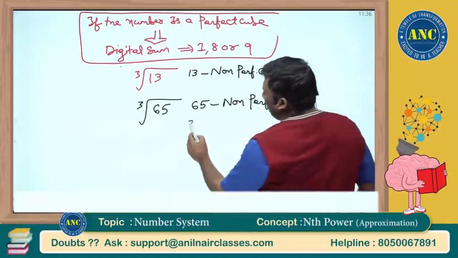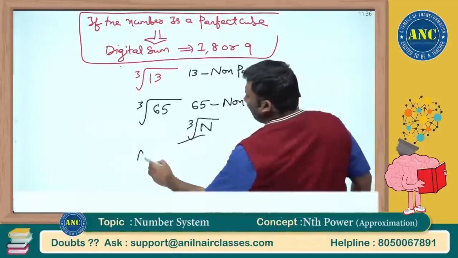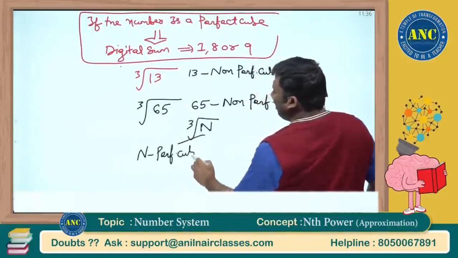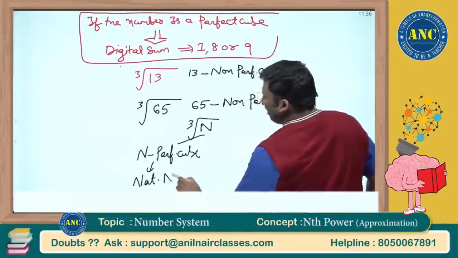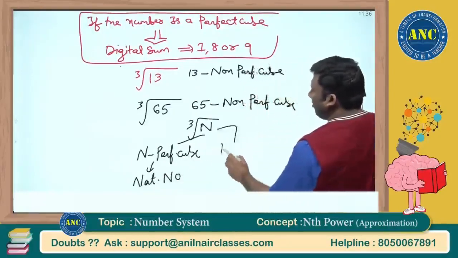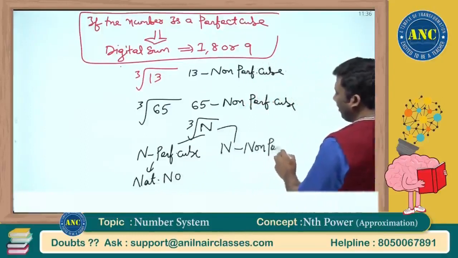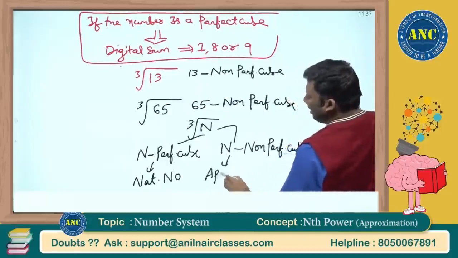First write down cube root of n. If n is a perfect cube, the output will be a natural number. If n is a non-perfect cube, this value will be an approximated decimal.